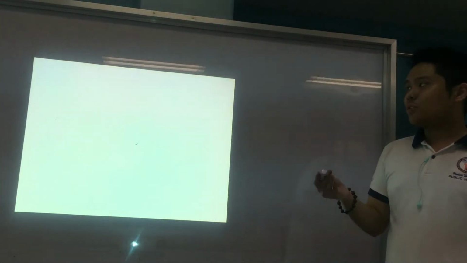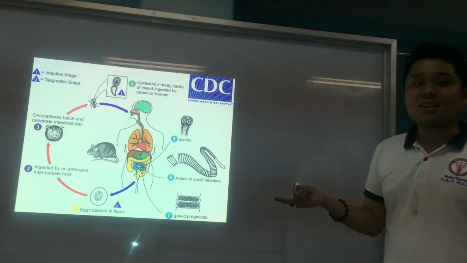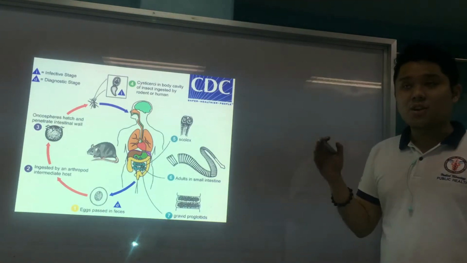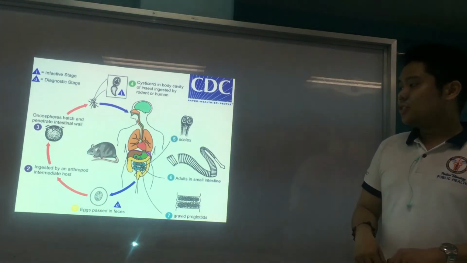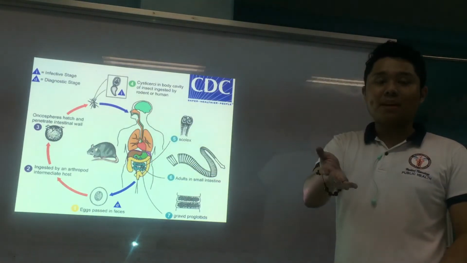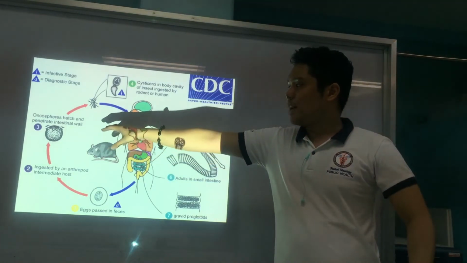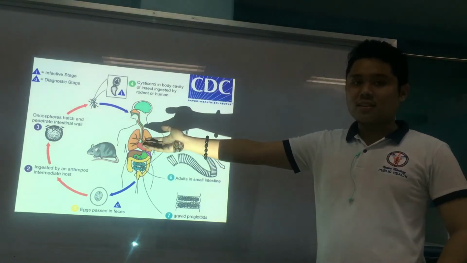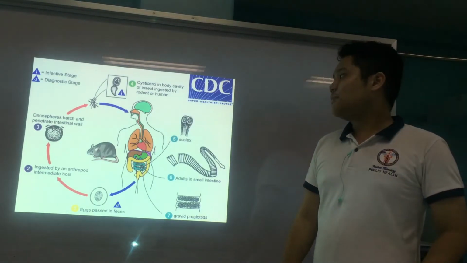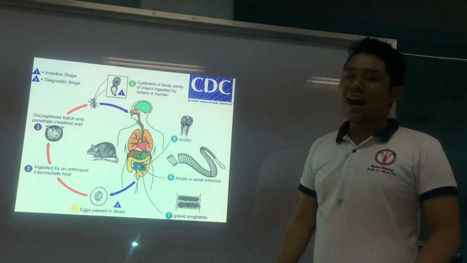Now, for its life cycle, so that you can understand, again, man is just an accidental host. Generally, the definitive host is your rats. The eggs are ingested by an arthropod, your flea beetle, flower beetle, or rat flea. It hatches in the arthropod and becomes a cysticercoid larva. Now, it's ingested by the rodents, the final host, or man, accidentally.